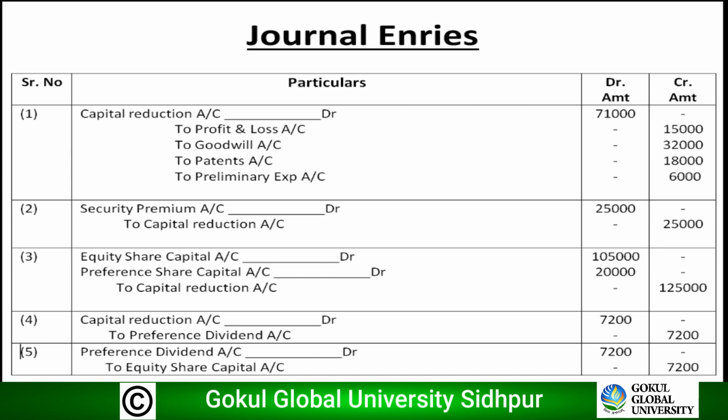Third, equity share capital account debit 1,05,000, preference share capital account debit 20,000 to capital reduction account credit 1,25,000. Fourth, capital reduction account debit 7,200 to preference dividend account 7,200. And fifth, preference dividend account debit 7,200 to equity share capital, because we have issued new equity capital for preference dividend payment.